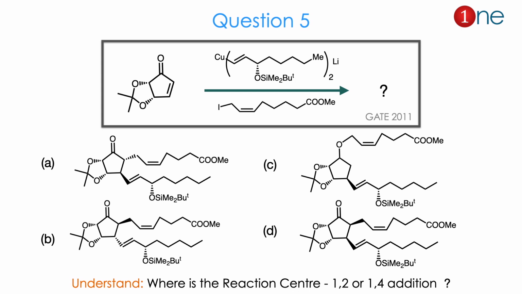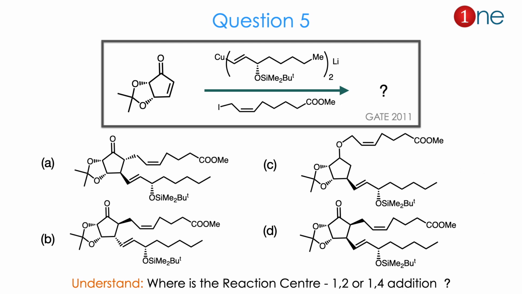Then question number 5. The starting material is a 5-membered system with a conjugated enone. It has 2 O's above the plane. Both O's are syn to each other. Then you are using a copper reagent, which has a linear chain with an alkene and an OSA group. Then in the second step, you are adding an alkene with iodine and a long chain attached with an ester group.